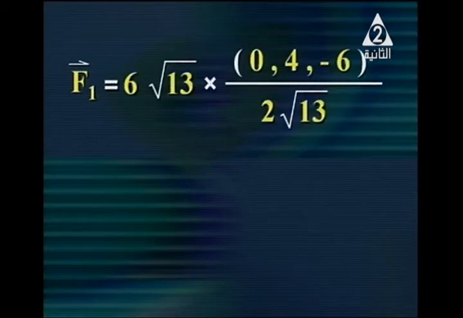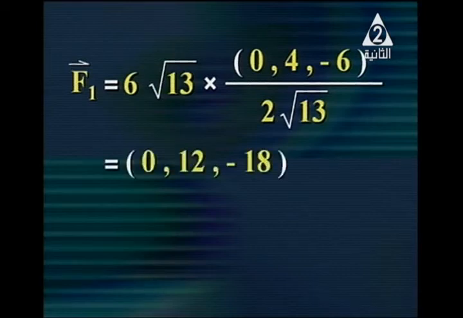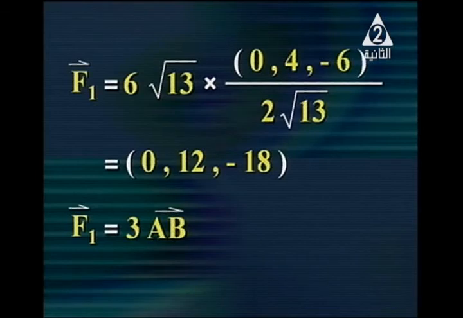In this case, F1 equals 6 root 13 times 0, 4, negative 6 over 2 root 13. Then the answer is 0, 12, negative 18. F1 equals 3 AB.